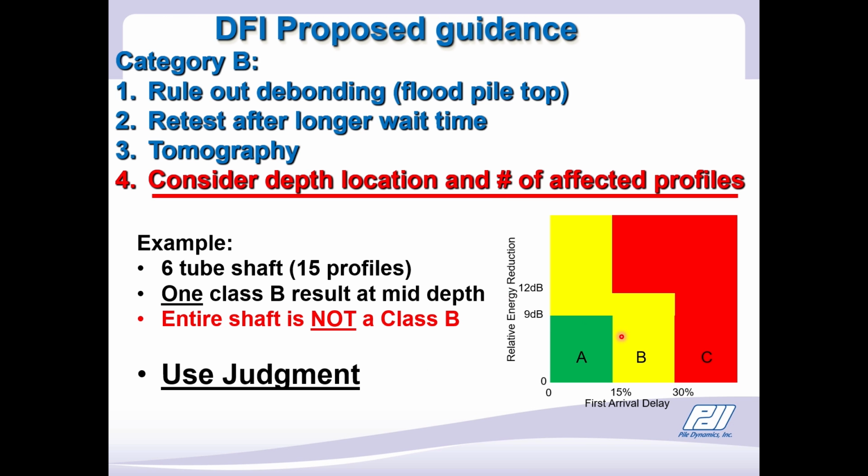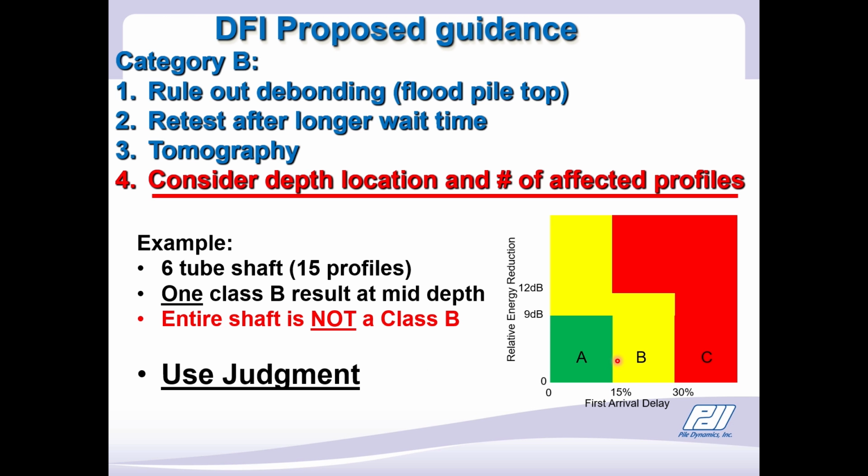The other thing to consider is that just because it's Class B, it might be very close to a Class A situation, and therefore for this one location, maybe I don't care. It's so close, it's within a margin of error. The 15% is a bit arbitrary anyway.